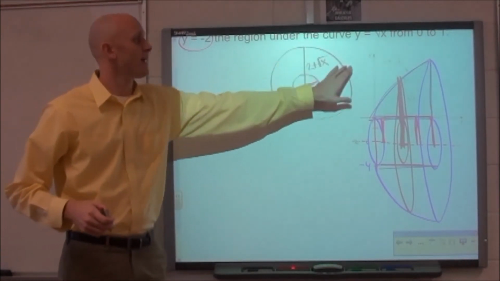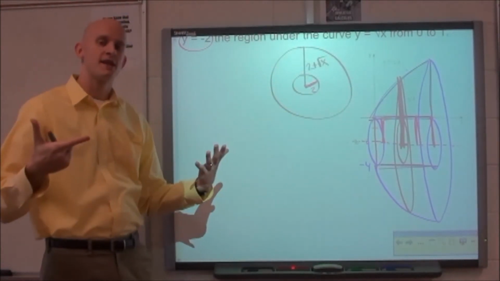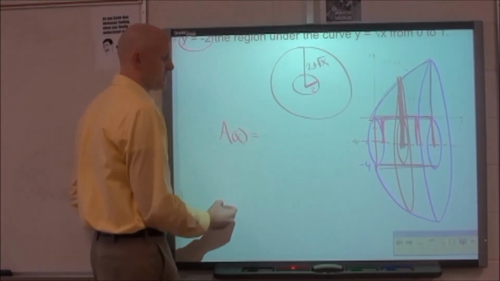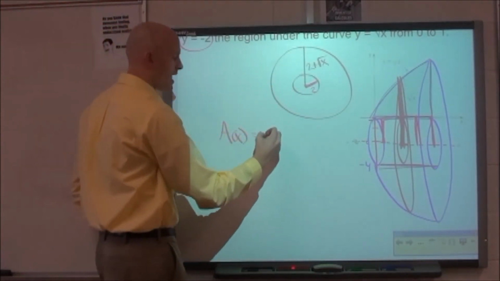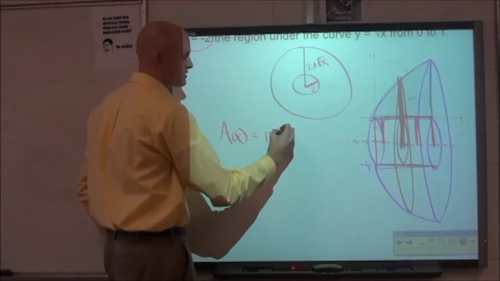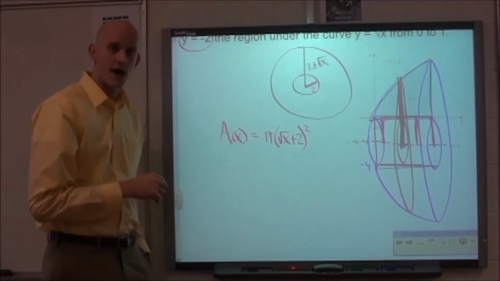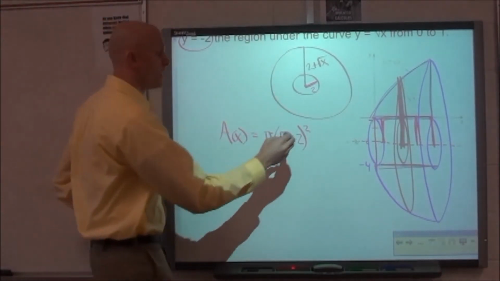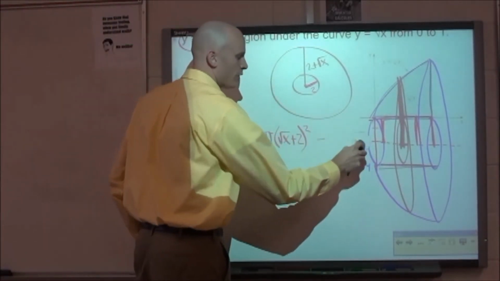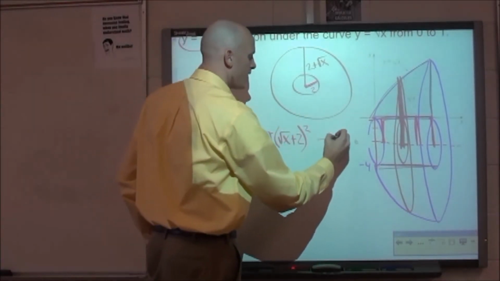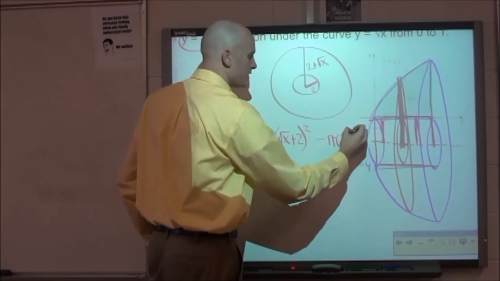So, if I look at the area of this disc, we can take the total area. So our area in terms of x is the total area, pi, the radius, square root of x plus 2 squared. Pi r squared, that's the total area, minus, we're going to subtract out the hole from the washer, pi multiplied by the radius squared.